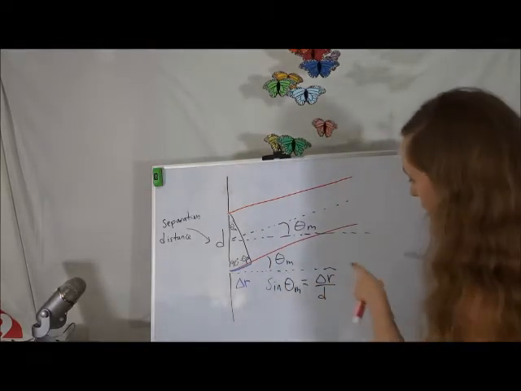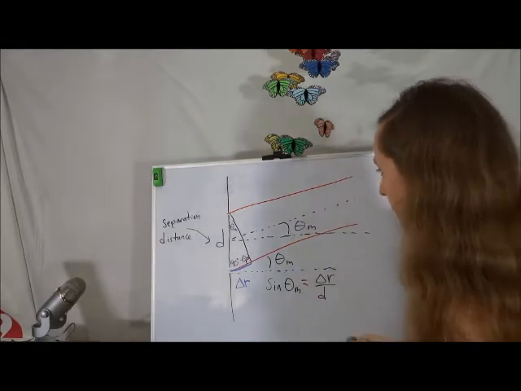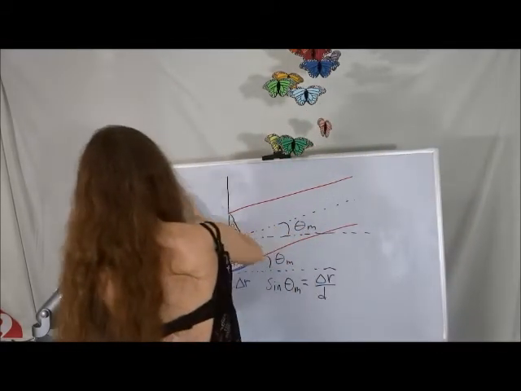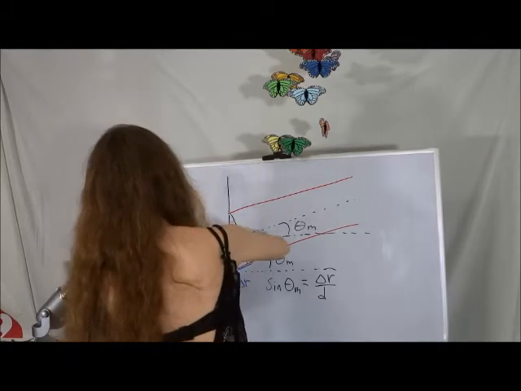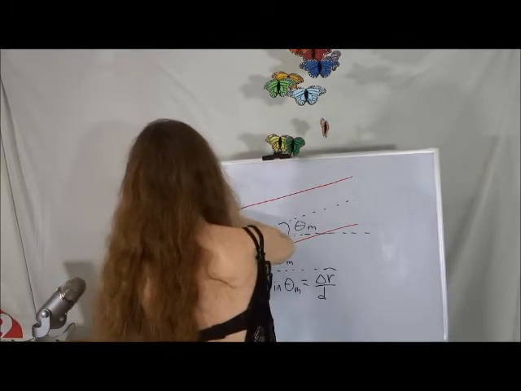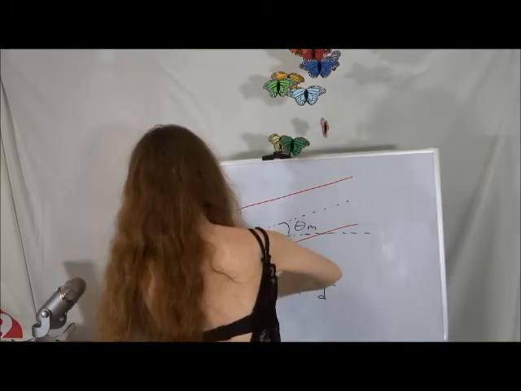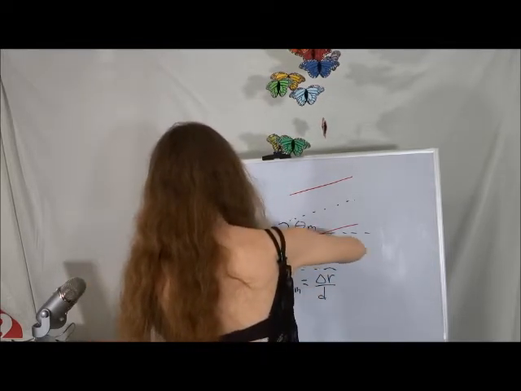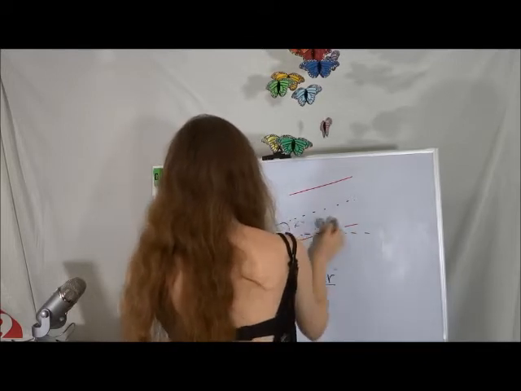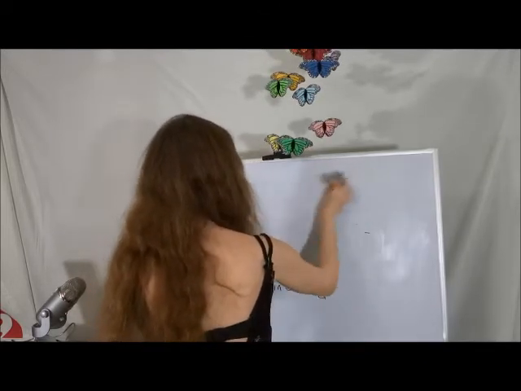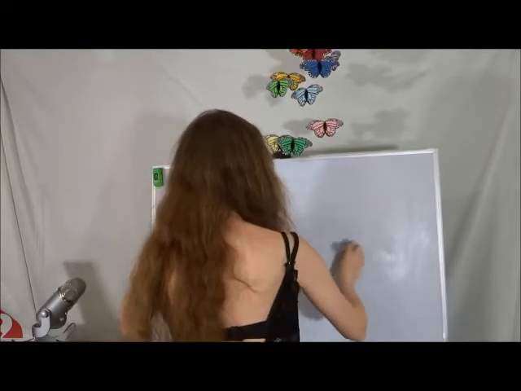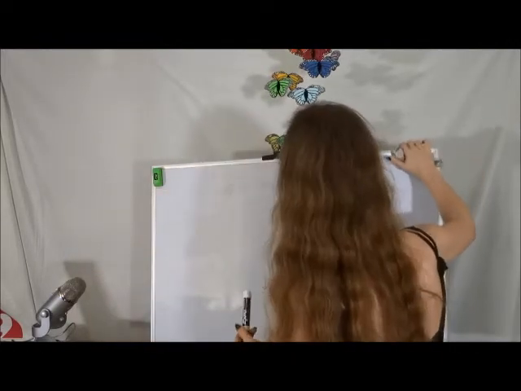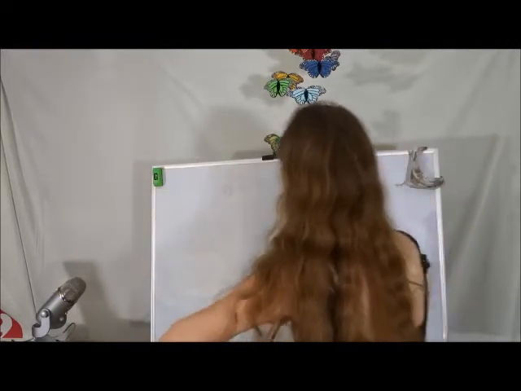If we want to solve that for delta r, we just multiply both sides by d, and we'll get that delta r is equal to d sine theta m.